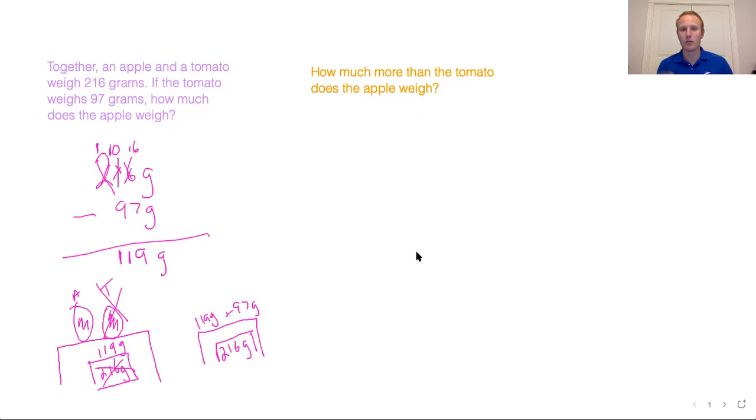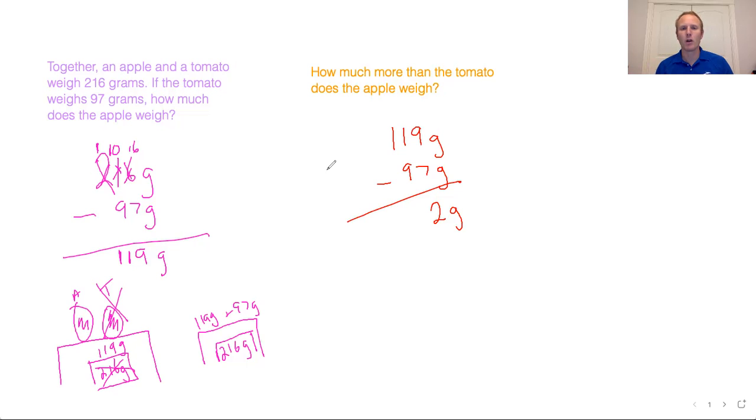So again, we're finding difference, which means we're subtracting. So we can say the apple's weight is 119 grams minus 97 grams for the tomato. 9 minus 7 is 2. Again, this is going to be measured in grams. 1 minus 9, I can't do. If I have $1, I can't give you $9.